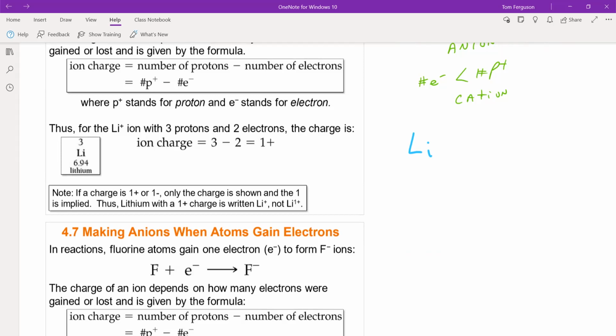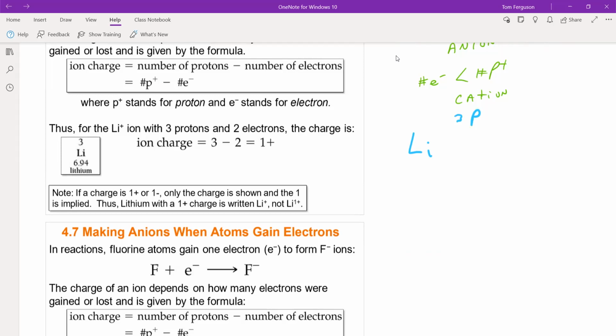What's the atomic number for lithium? 3. So how many protons does lithium have? 3. Three protons. Okay. Now it says lithium likes to form a +1 cation.